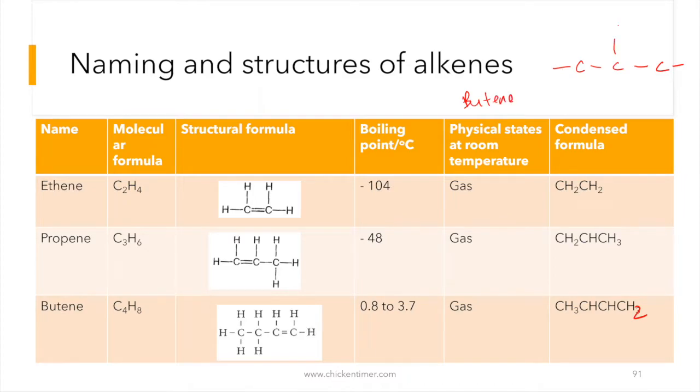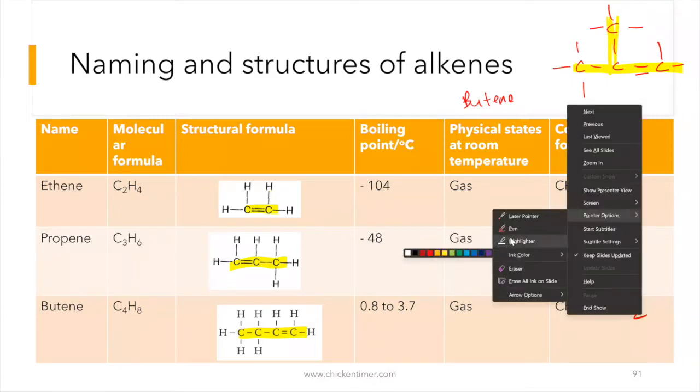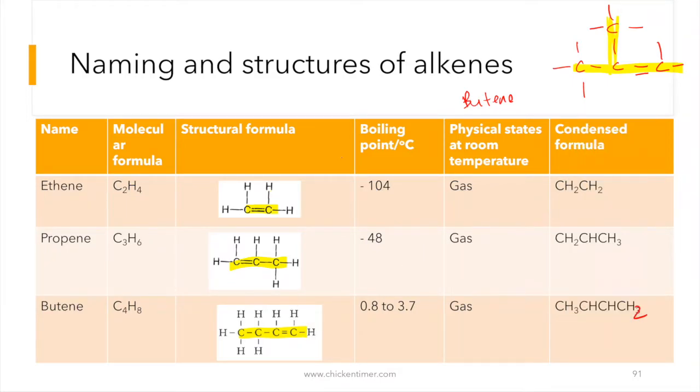I can do this. 4 carbon, right? 1, 2, 3, 4. As long as there's 4 and there's a double bond, then it's a butene. But you see, it's not a straight line anymore like this one. You see the difference? The layout of the carbon. So the one I drew on top is a branched alkene. It's a branched molecule. If there's a need for it, then you know what it is.